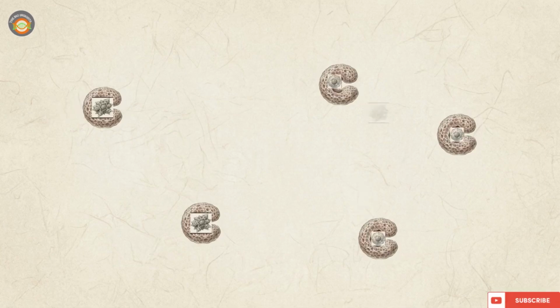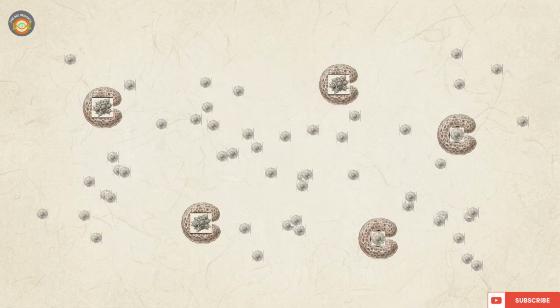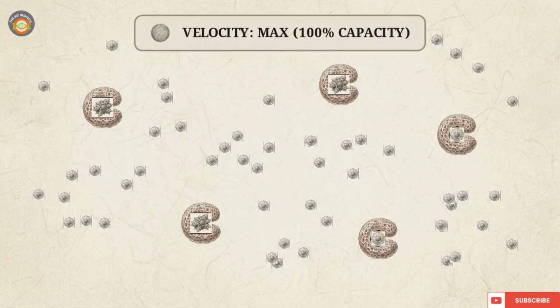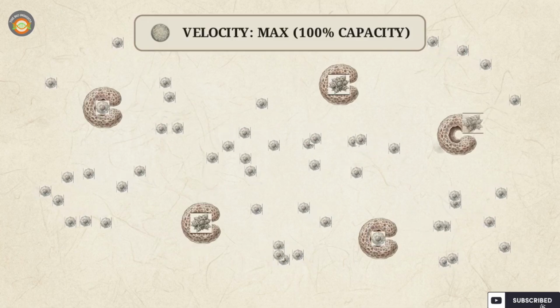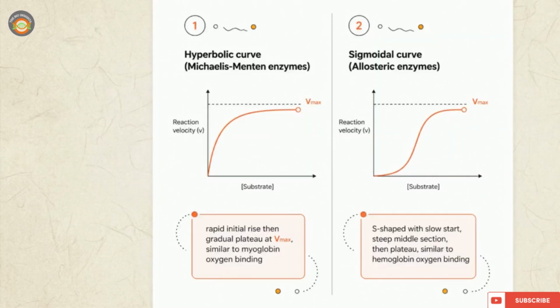Once an enzyme population is operating at Vmax, dumping more substrate into the environment yields absolutely zero increase in the reaction rate. Every enzyme is already working at full capacity. When plotting reaction velocity against substrate concentration, standard Michaelis-Menten enzymes show a hyperbolic curve rising to a rigid plateau at Vmax.